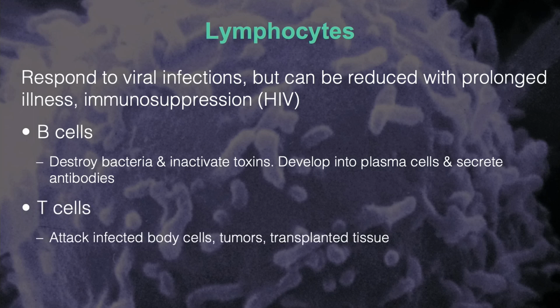T cells, another type of differentiated lymphocyte, will attack infected cells of the body. So not invading bacteria or pathogens that are separate from the body, but if a cell of the body has been infected, if it's been invaded, if it's been co-opted by a virus, T cells will attack and try to rectify that situation.